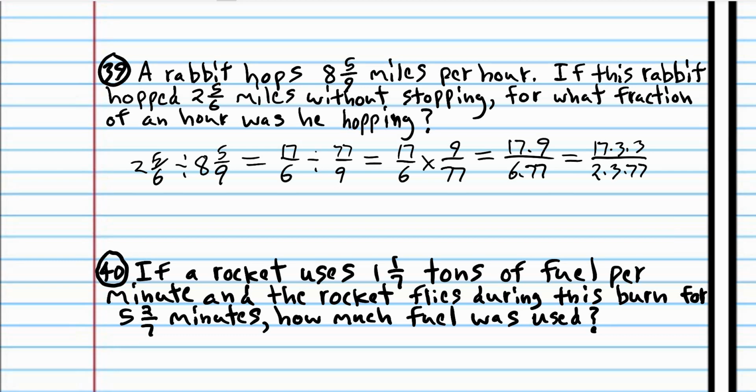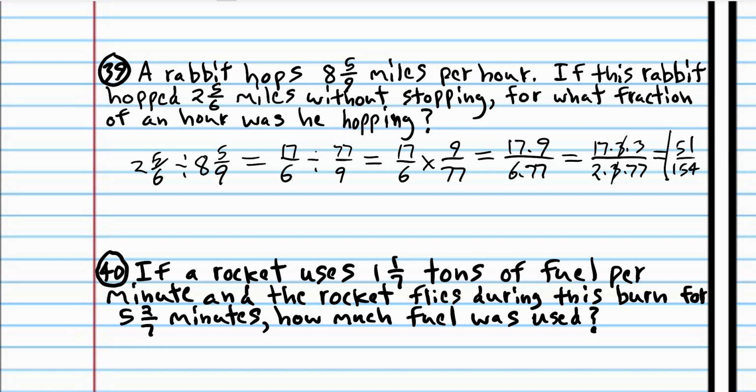And we've got a 3 in the top and a 3 in the bottom, so the 3 cancels out, and we're left with whatever 3 times 17 is. 3 times 17 is 51. And 2 times 77, that's kind of a big number, but we'll just do it in our head. I think that's 154.